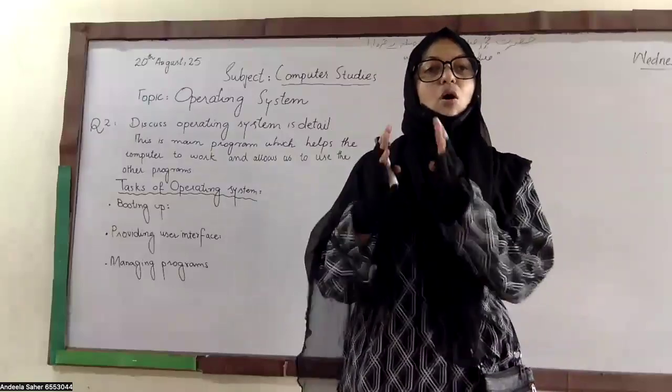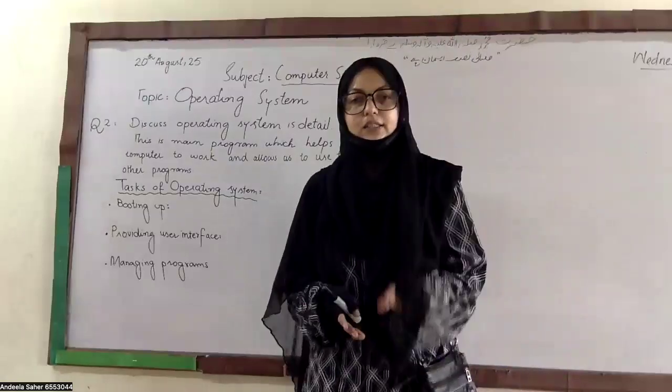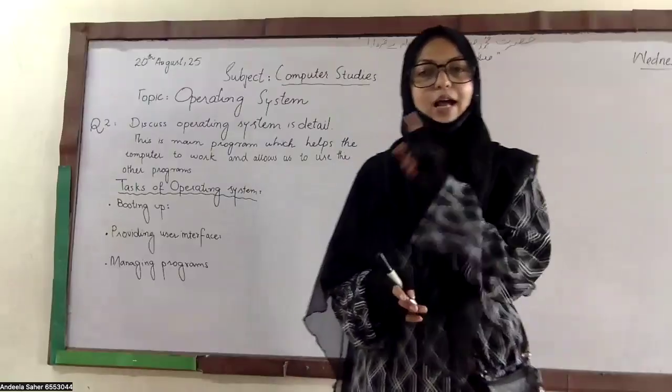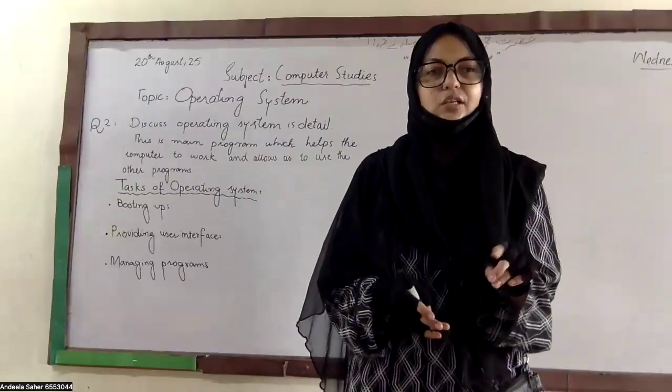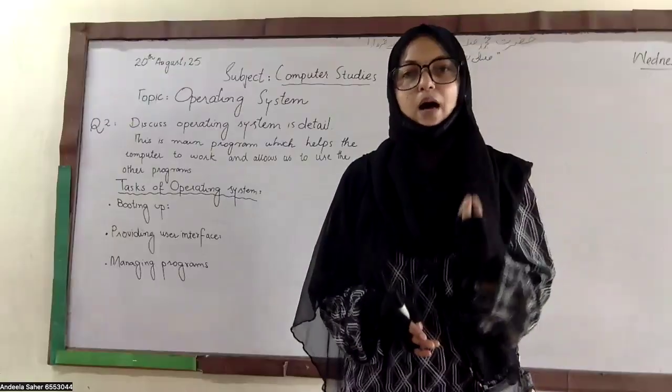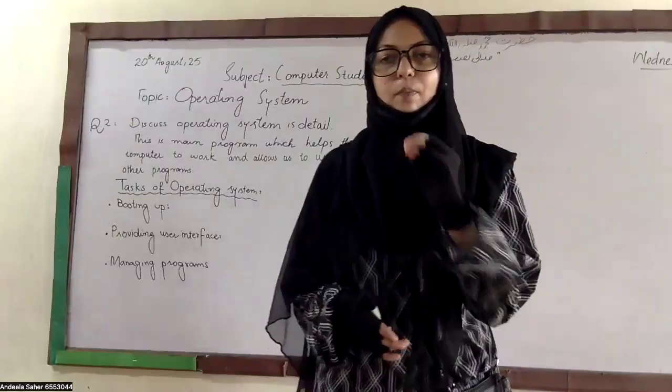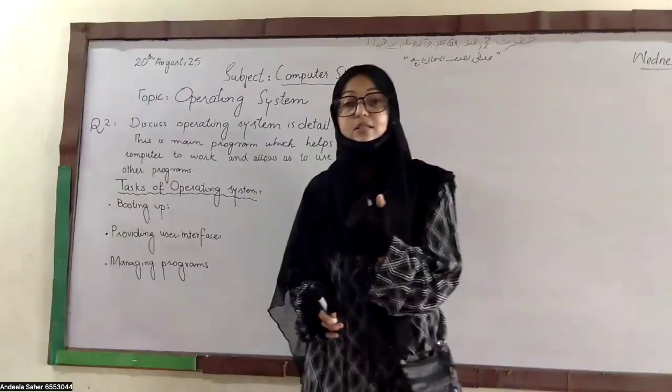It runs all the software, whether that software is a system or an application. If there is a bug in the operating system, a bug meaning an error, the operating system is not working.